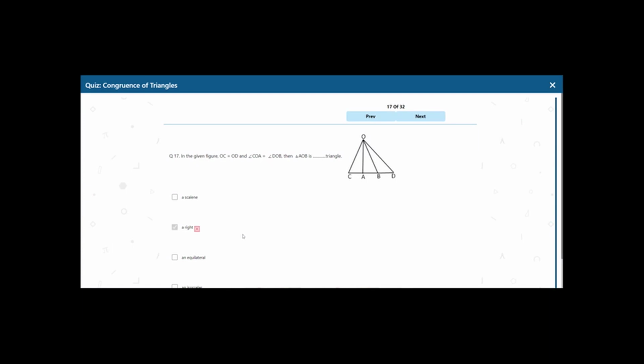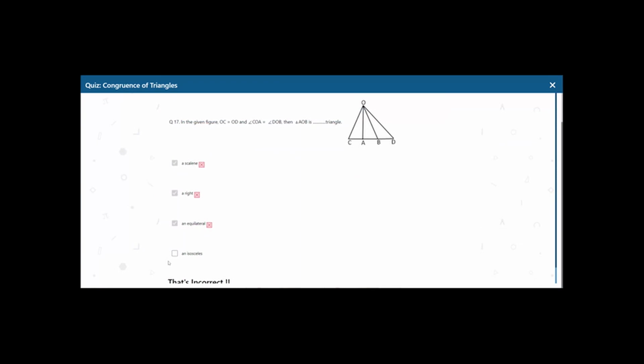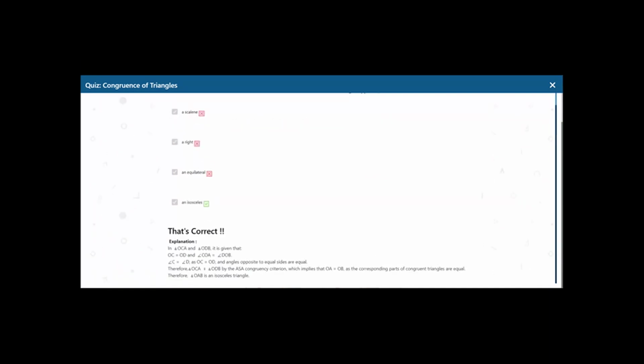No. Oops. That is incorrect. Scalene triangle? That is incorrect. Ma'am, it is isosceles. That's correct. OAB is isosceles.